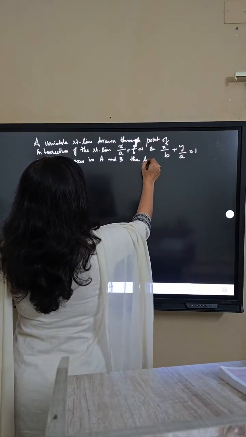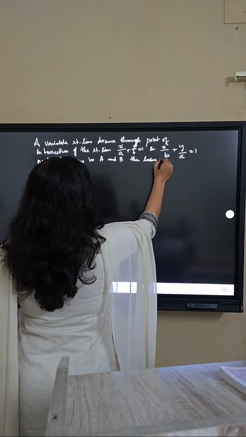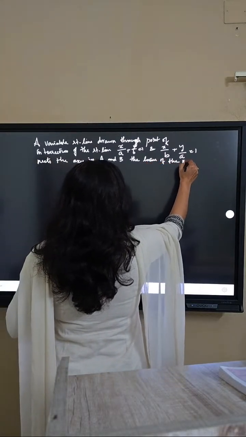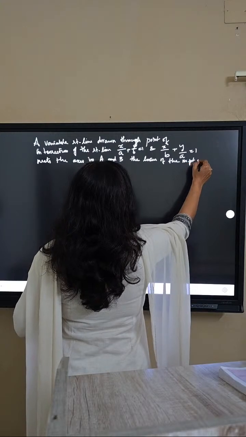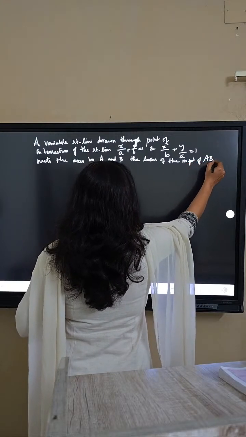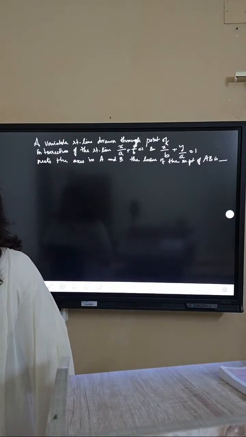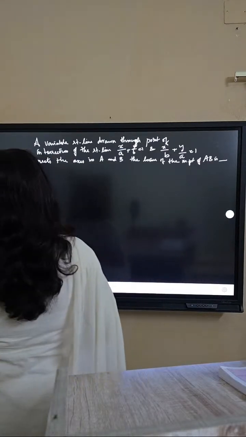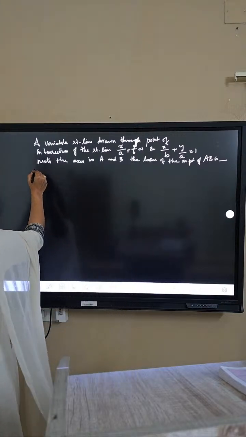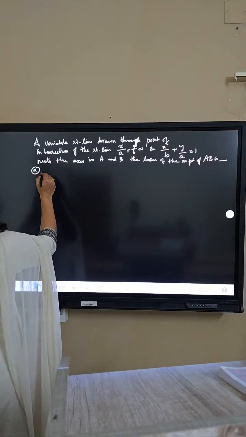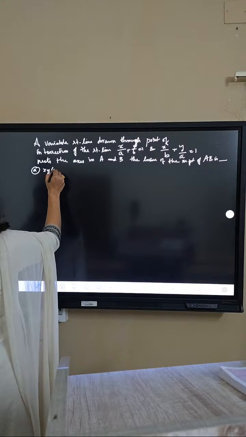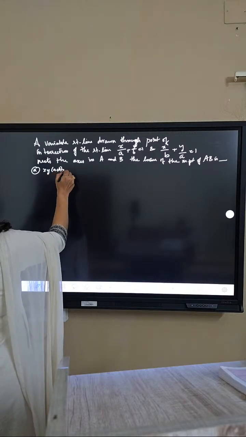The locus of the midpoint of AB. Okay, so this is the question. It will be asked in MCQ. We are given some answers. First answer is xy into a plus 3xy.